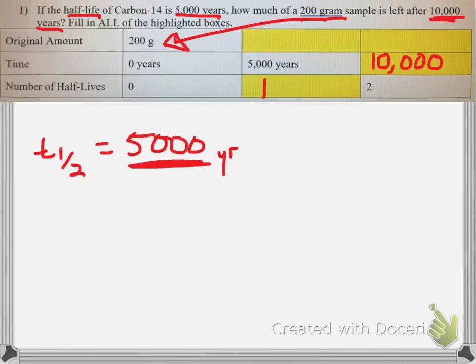After 1 half-life, we've cut this sample in half, so we're going to have 100 grams. After our second half-life, we cut it in half again, so now we have 50 grams. There should be a total of 50 grams left after 10,000 years.